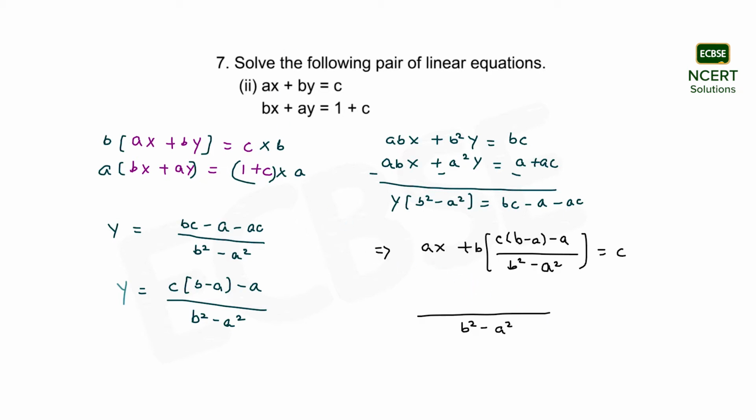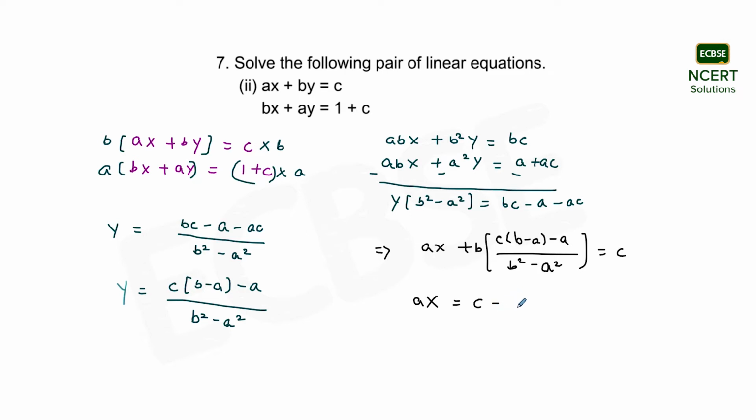Before taking this LCM, let me do some rearrangements so that it will be easier to find the value of the variable x. Let me take this term to the right hand side.